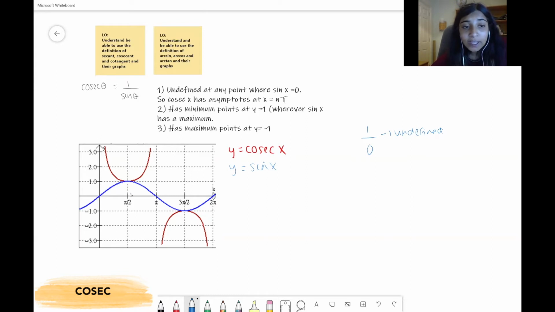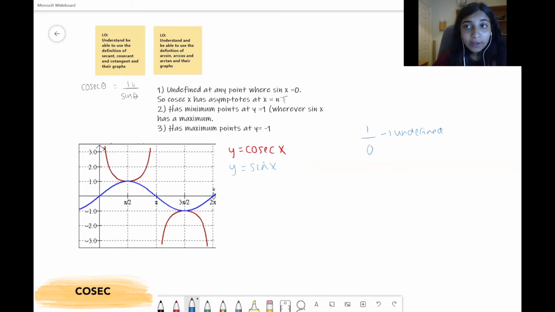So if you think about it, the maximum point of sine x is at 1. If you see here, you have that at pi over 2. And then if you do 1 over 1, that's also the minimum of the cosec graph.